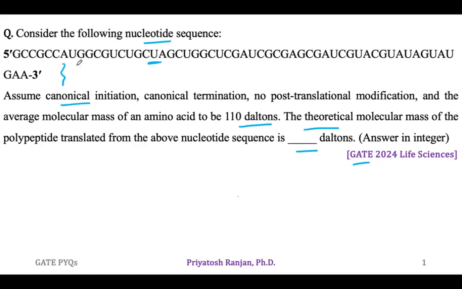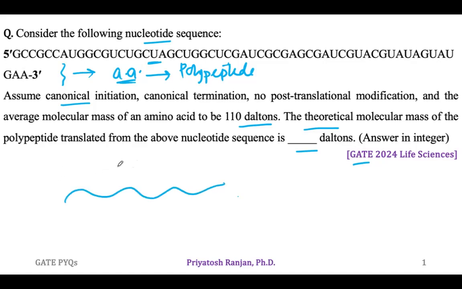So as we all know, mature mRNA codes for a specific set of amino acids, and these amino acids are the building blocks of a polypeptide. We also need to understand that translation starts at a specific point by recognizing a specific set of nucleotides, which is called the start codon, and generally the start codon is AUG.